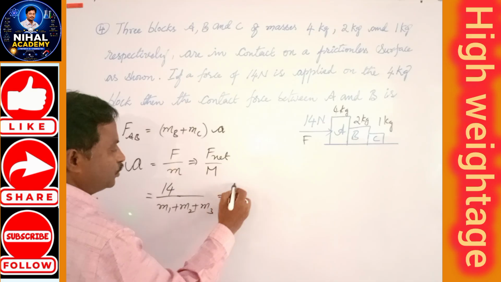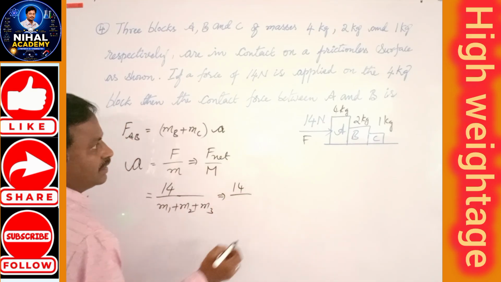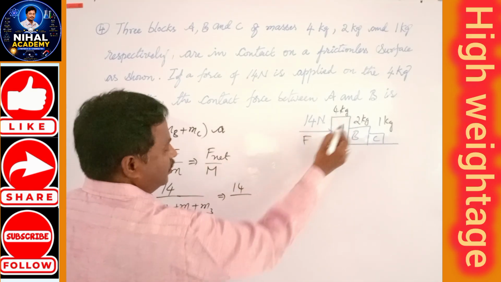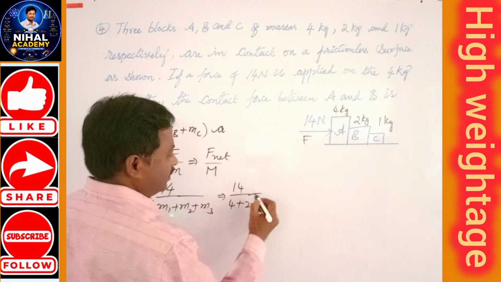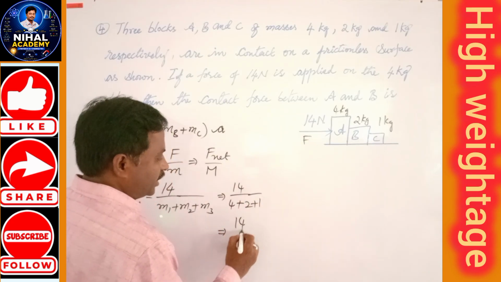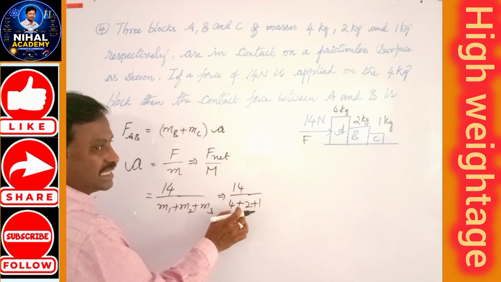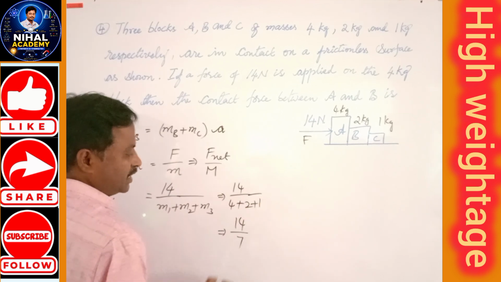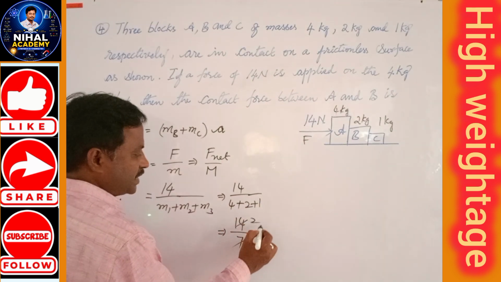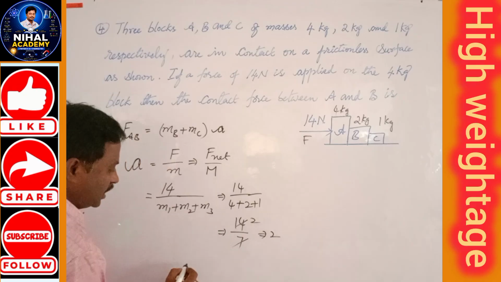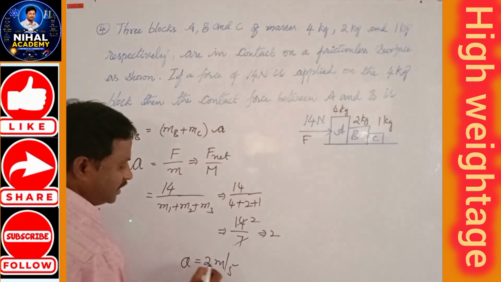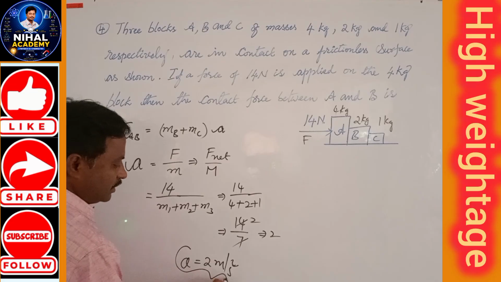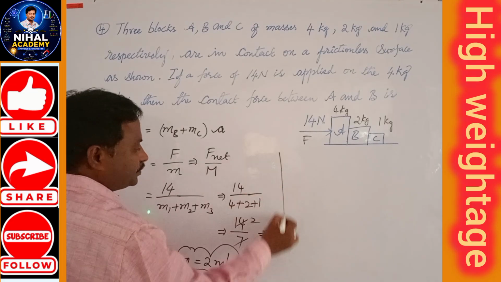So it is equal to 14 by M1 is 4 plus M2 2 plus 1. So this is equal to 14 by, 4 plus 2 is 6, 6 plus 1 is 7. So 14 by 7 is equal to 2, therefore the acceleration is equal to 2 meter per second square. So we calculated the acceleration.